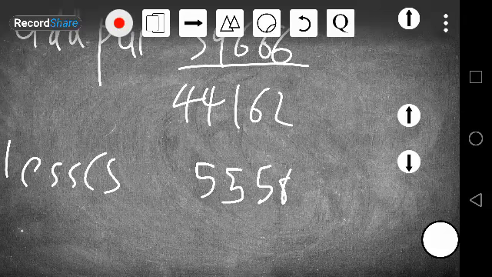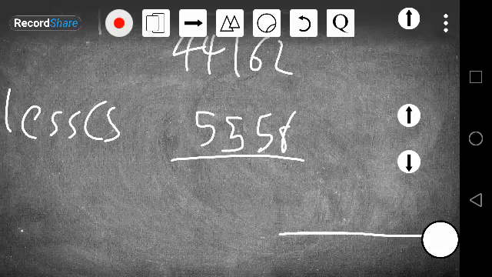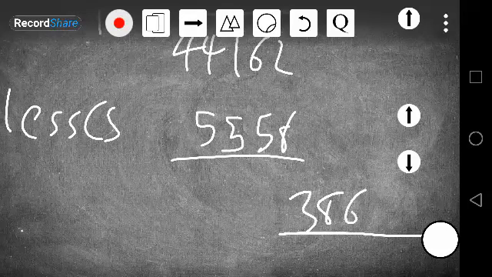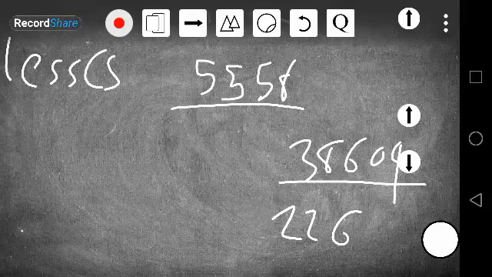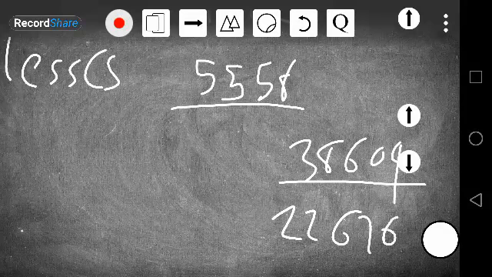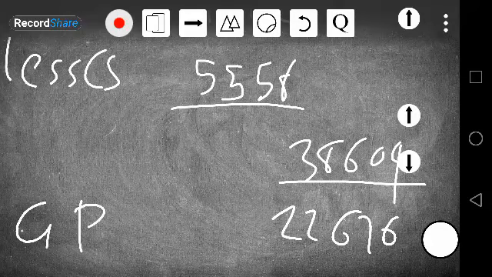Then we get 38,604. So that is our cost of goods sold. If we less that from our sales, we get 22,626. This is our gross profit.